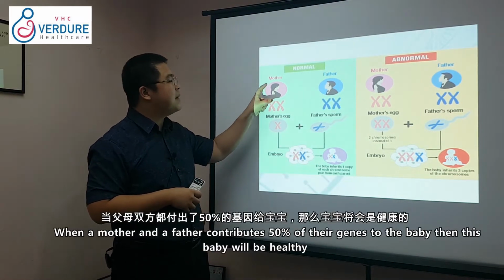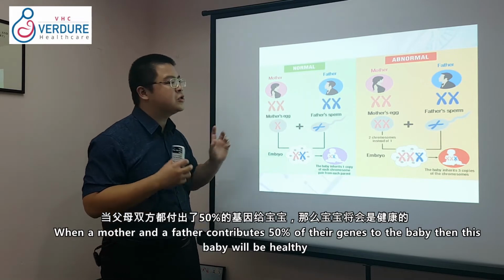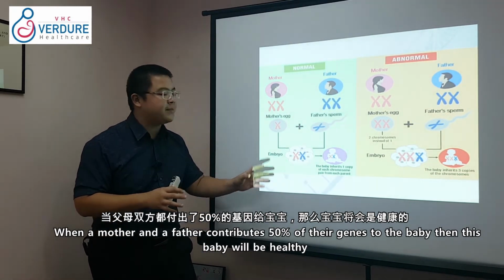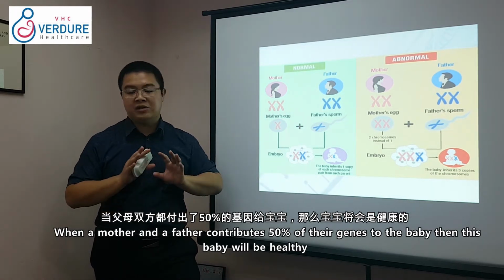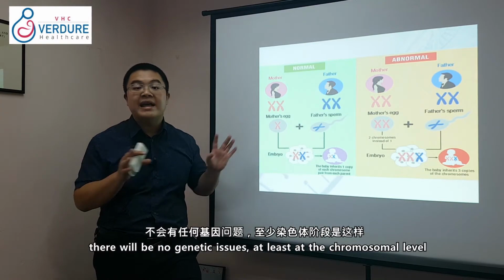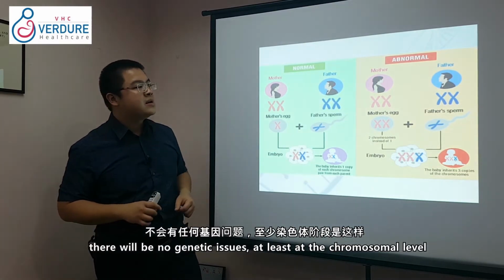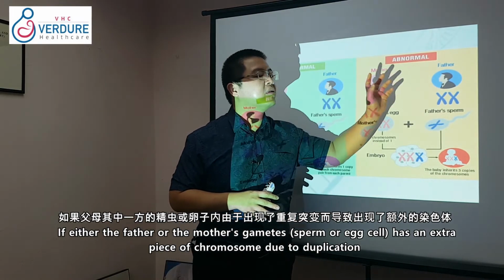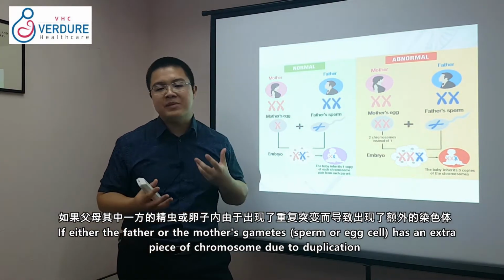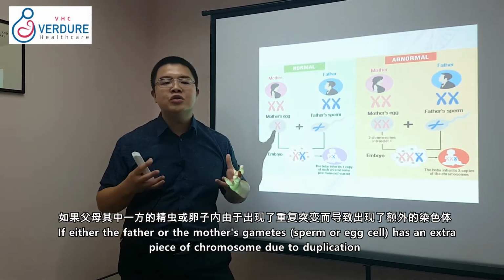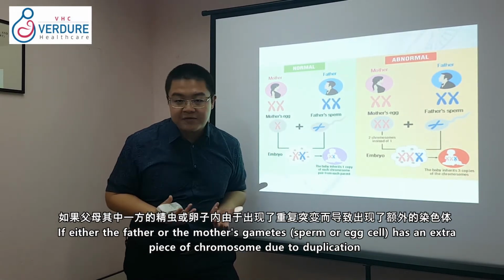When the mother and the father each contribute only 50% of their genes to the baby, then this baby would be extremely healthy. There is no genetic mutation, at least at the chromosomal level. But if either the mother's or the father's gametes, meaning the sperm or the egg, has an extra piece of chromosome in there due to a duplication defect, all right?